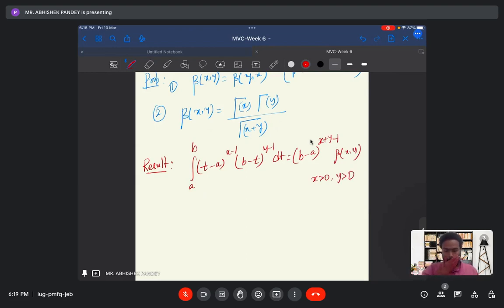Basically, what we need to do is just put u equals t minus a upon b minus a in the definition of the beta function.